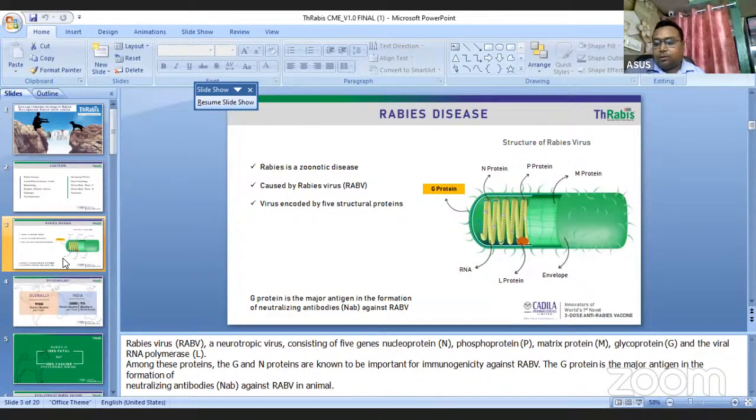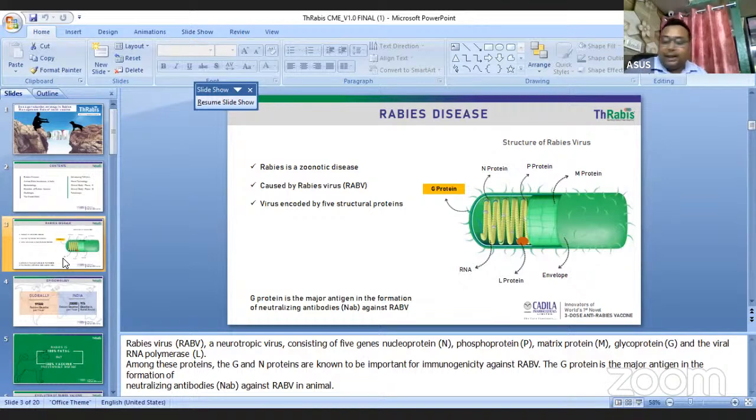The nucleocapsid is spirally symmetrical. The surface has an envelope and it contains single-stranded RNA. We can see here that the rabies virus includes 5 structural proteins.